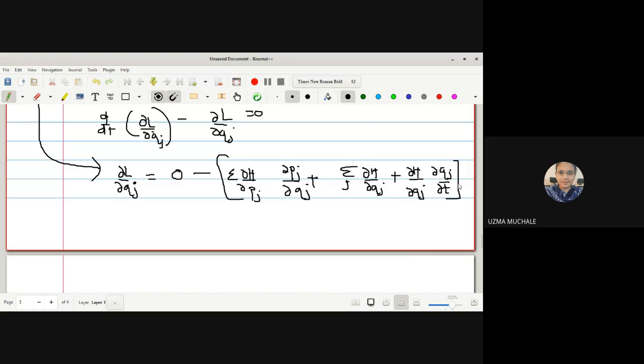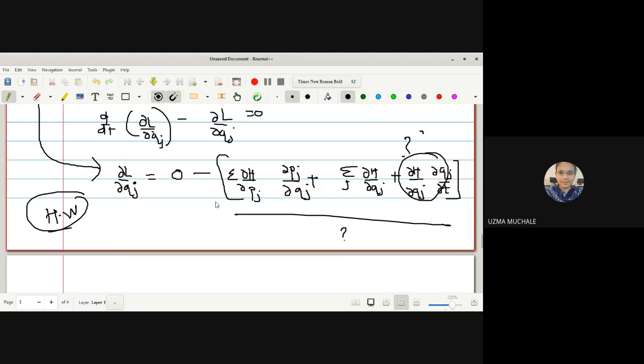Yes, how can you evaluate this one? Is this term correct? Check, and let us put this as a homework for you, because still some students are confused while finding the partial derivative.